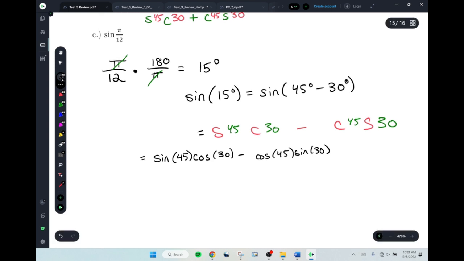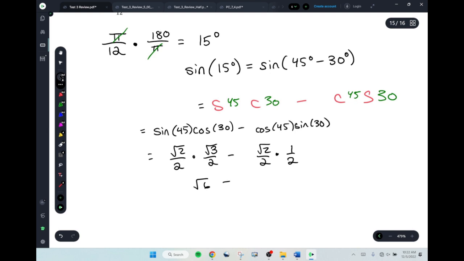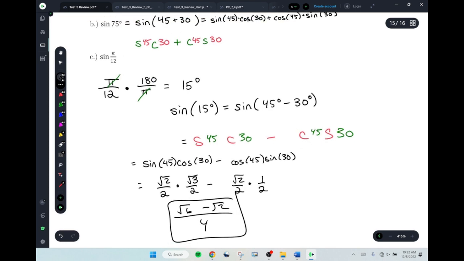That equals root 2 over 2 times, no, it would be square root of 3 over 2, good catch, minus, times. Oh, this is going to be the same thing, huh? Yeah, that makes a lot of sense. Because where the other one was the missing thing at the top-ish, this is the missing thing at the bottom-ish of the unit circle.